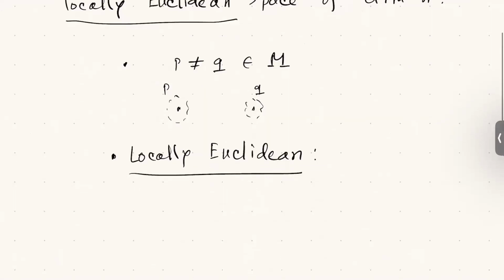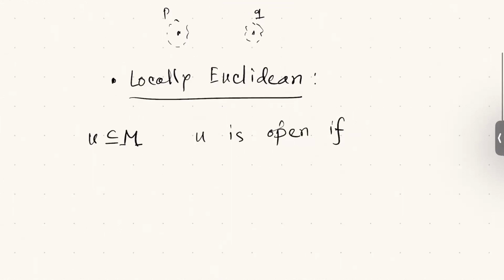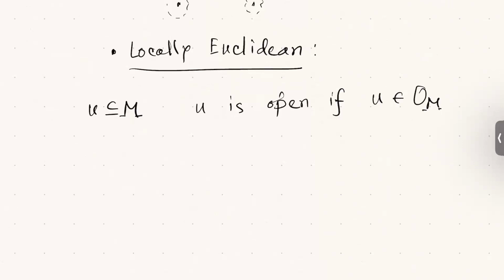Say I take a subset U of the set X. U is open if U belongs to O_M, so if the set U belongs to the topology, then it is open. Now, how do I relate this U with the Euclidean space?